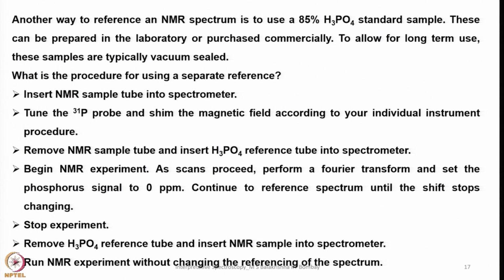Continue to reference the spectrum until the shift stops changing, stop the experiment, remove the phosphoric acid reference tube and insert the NMR sample tube into the spectrometer. Run the NMR experiment without changing the reference of the spectrum. This is how you can alternatively reference to phosphoric acid when you are measuring 31P NMR signals.